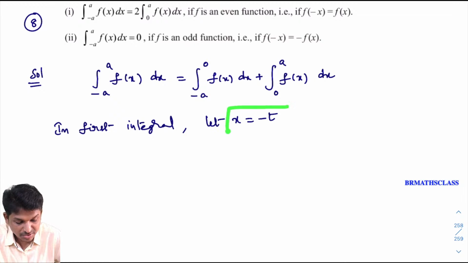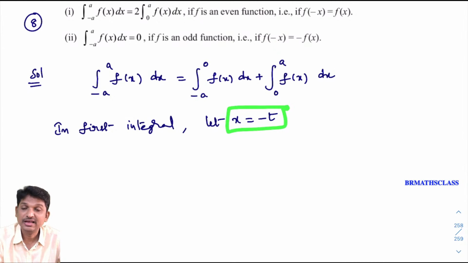You need to memorize this. In case you forgot to memorize this, just leave this problem and go for the next problem. To proceed further in this problem, you need to memorize that x equal to minus t. When I take x equal to minus t, then I can prove these results very easily.